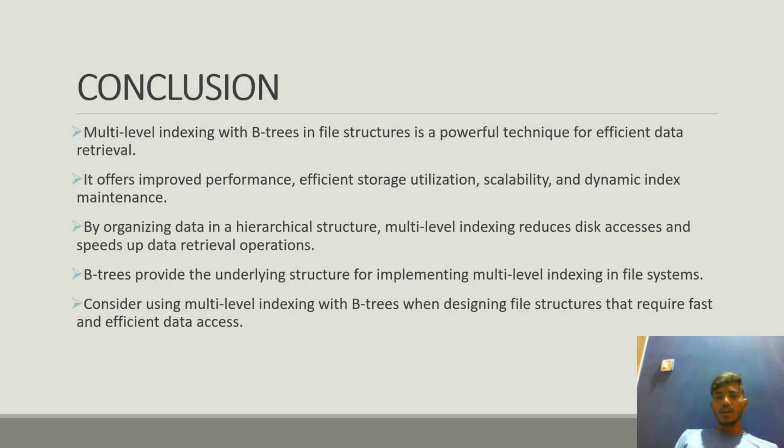By organizing data in a hierarchical structure, multi-level indexing reduces disk access and speeds up data retrieval operations. B-tree provides the underlying structure for implementing multi-level indexing in a file system. Consider using multi-level indexing with a B-tree when designing a file structure that requires faster and effective data access.